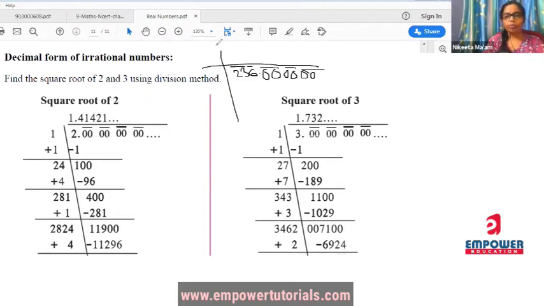Now suppose you have to find the value of root 2. You are going to write down 2 here. After that you will add a decimal point, and then you have to make groups of two zeros.